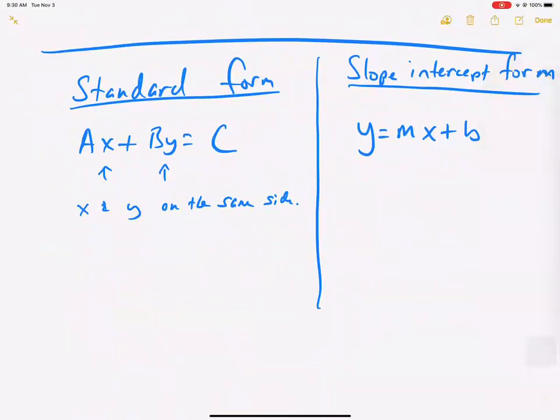So M is your slope, and it's always changing with X. As X changes, M tells you how fast Y is changing. If X is 1, 2, 3, M could totally change how fast these values change. Imagine M is almost like your multiplier. M is the value that's going to change your paycheck.